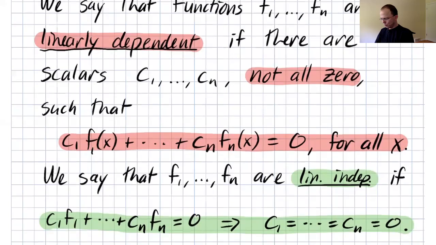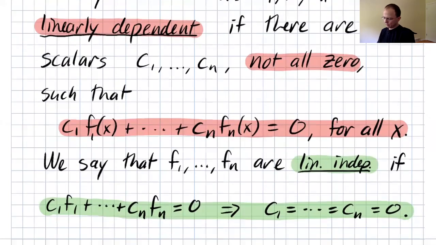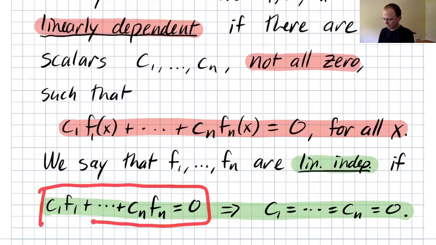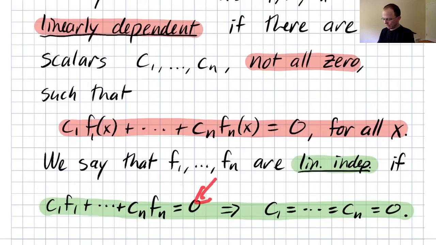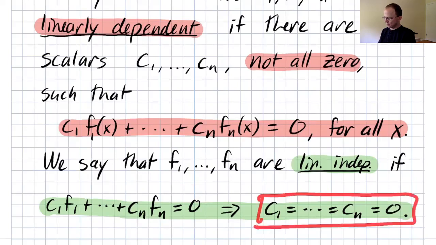So what does that mean? What is the definition for linear independence? In other words, no redundancy. Some functions are linearly independent if, whenever we form this linear combination of the functions, the only way that it can be equal to 0 for all x is that all of the coefficients c1 up to cn are all 0.